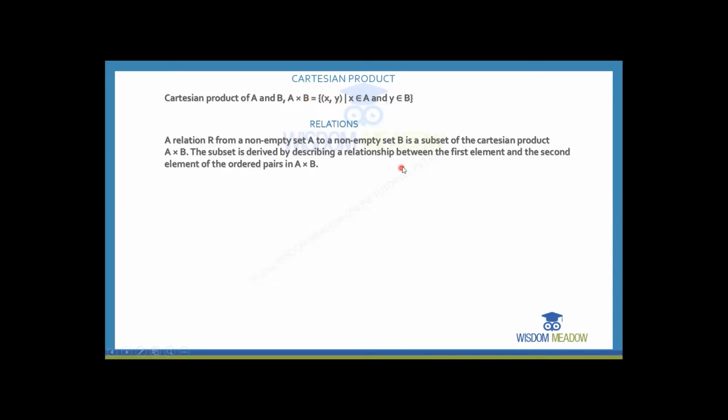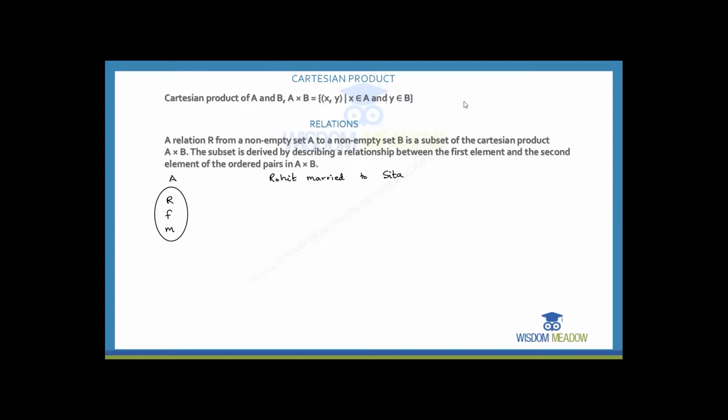Now, if you consider a situation or example such as Rohit is getting married to Sita. Now, let's take the set A as Rohit's family, which consists of Rohit, denoted as capital R, Rohit's father, small f, and Rohit's mother with small letter m.